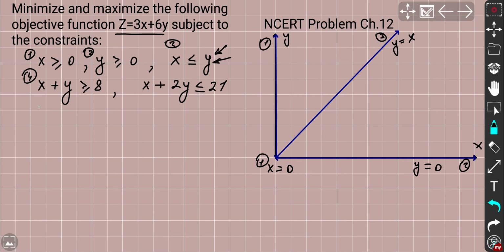Here we've got x plus y equals to 8. So that's line 4. It will have 8 as the y-intercept. So 1, 2, 3, 4, 5, 6, 7, 8.